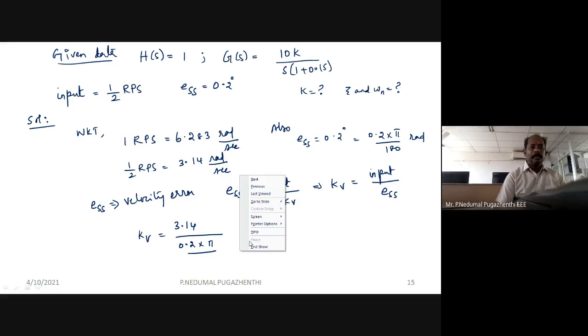So it is going to be 3.14 into 180 divided by 0.2 into 3.14.